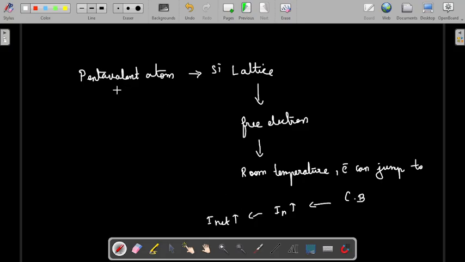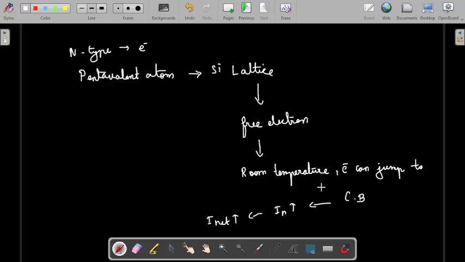So this is an n-type material, right? The majority charge carriers will be electrons. The holes will also be there because not everything in the world is ideal, so there will be a slight amount of Ip, but that will not be much. That is the minority charge carrier consideration.